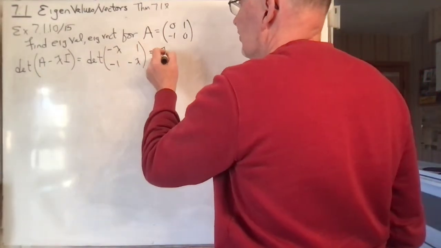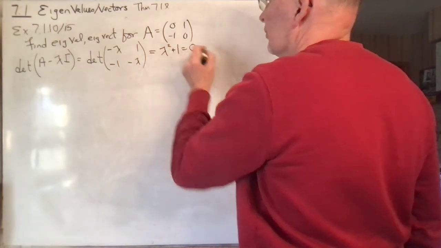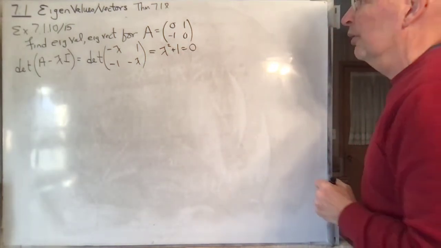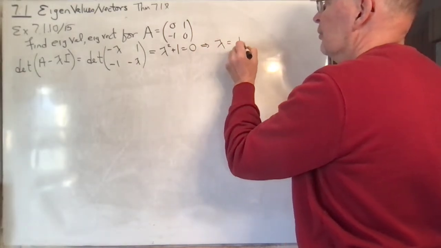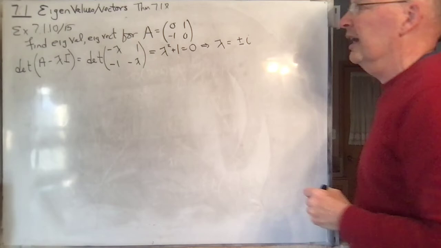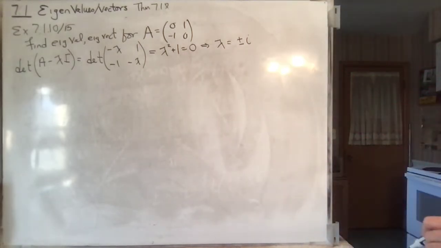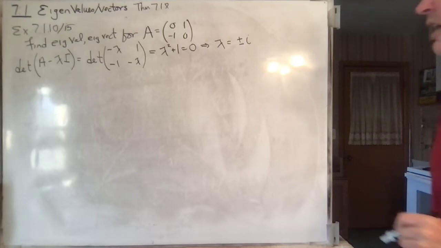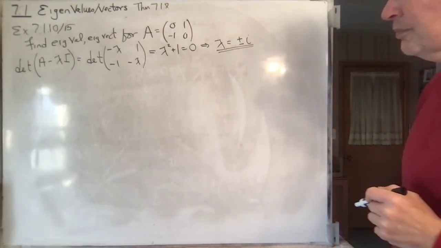It's going to be lambda squared minus a -1, so lambda squared plus 1 is equal to 0. And so if you solve that, you're going to get lambda equal to plus or minus i. So there are your two eigenvalues.